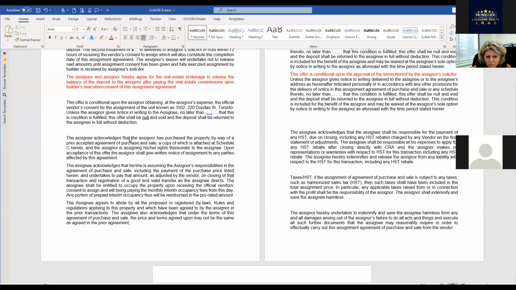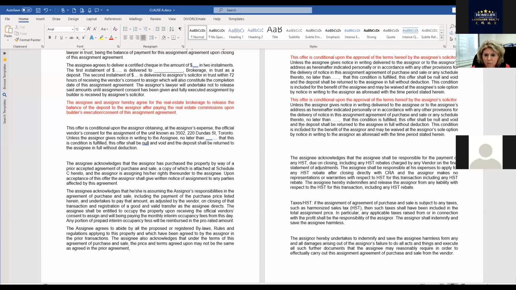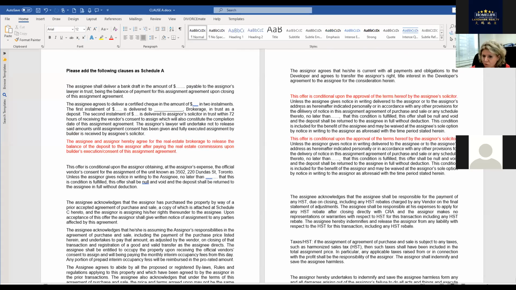Then you want to be sure that the assignor warrants that the original agreement of purchase and sale is in good standing, his rights have not been assigned to third parties, and that he is in compliance with all the payments made. You want to be sure that the offer is conditional upon approval of the terms by the assignor's solicitor as well as the assignee's solicitor.